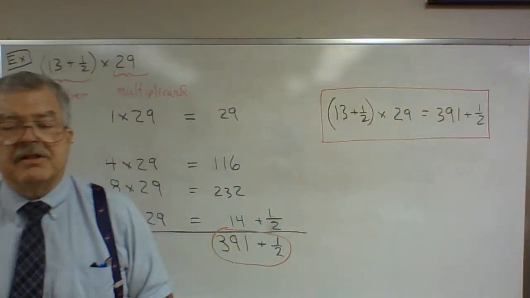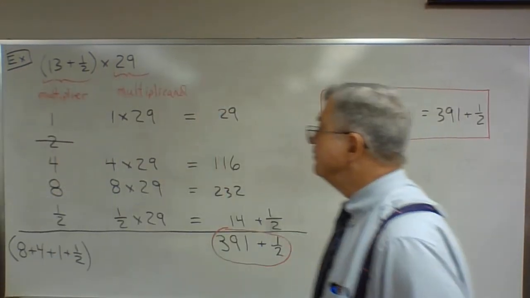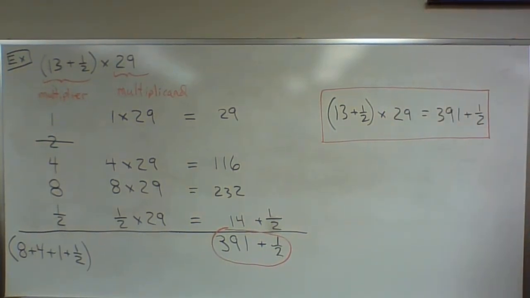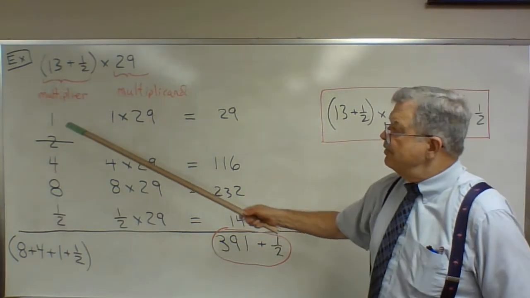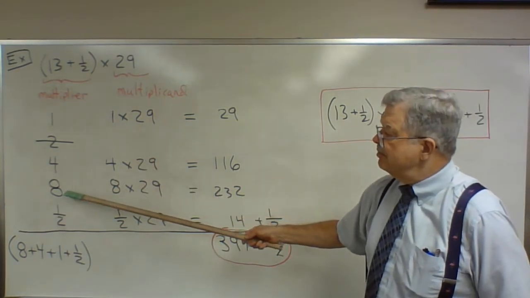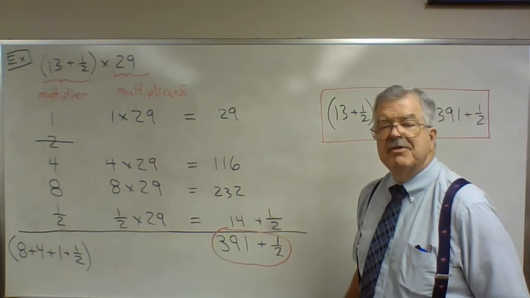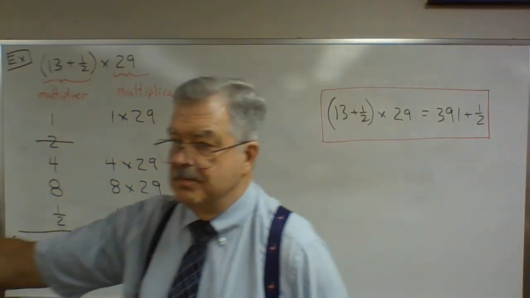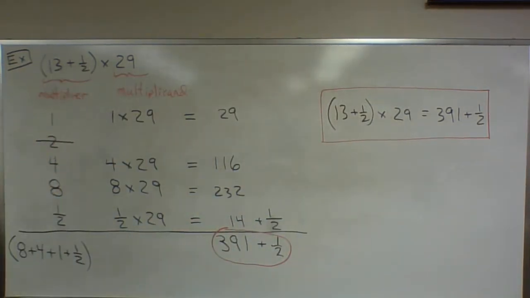Now, why did all of this work? First, note that we decomposed the multiplier into the sum of distinct powers of 2. If we add all of these up, we get 13 plus 1/2.